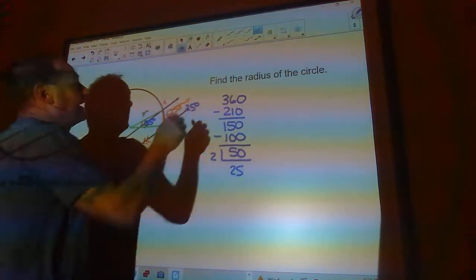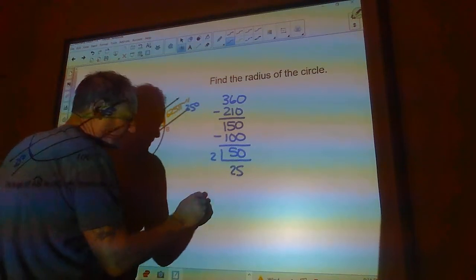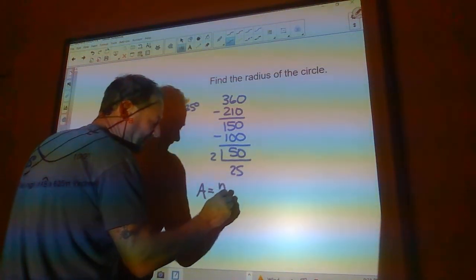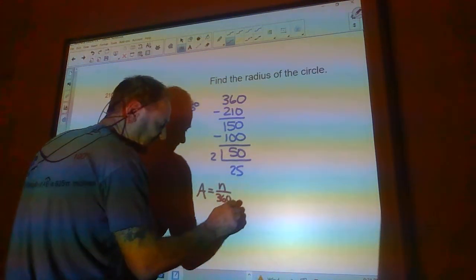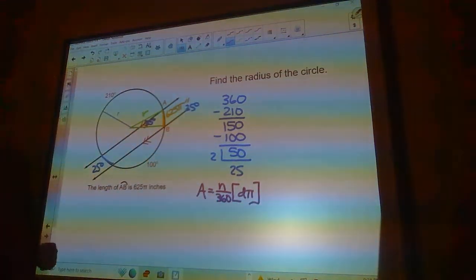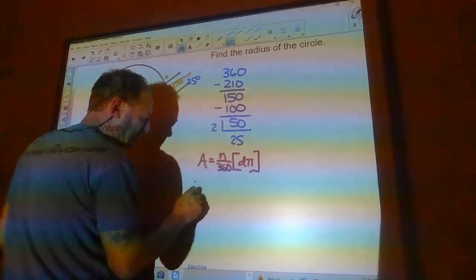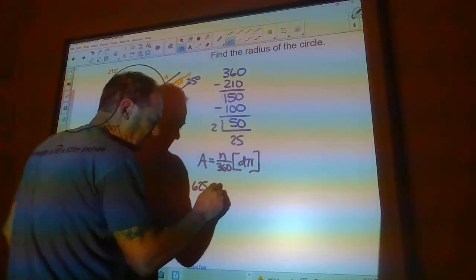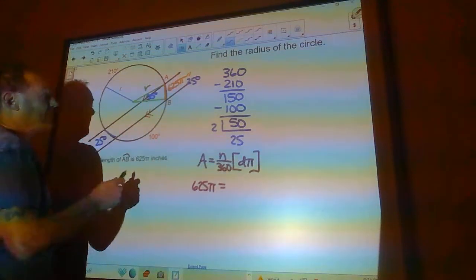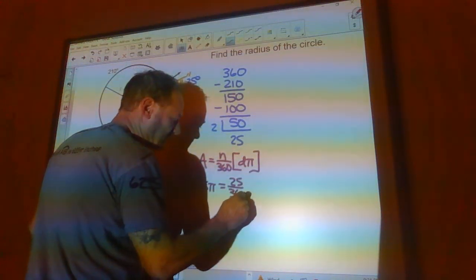Okay, now what do I know? Well, I know that an arc length is equal to n divided by 360 times the diameter times pi. So the arc length is 625 pi. I can put that in here for A. I know that n is 25 degrees, so 25 out of 360.